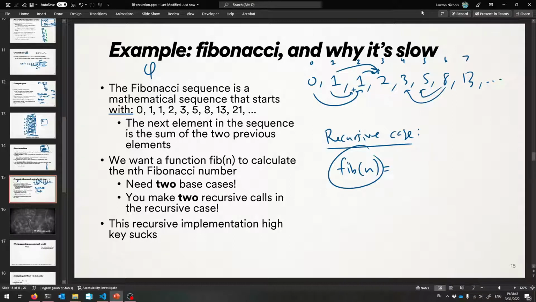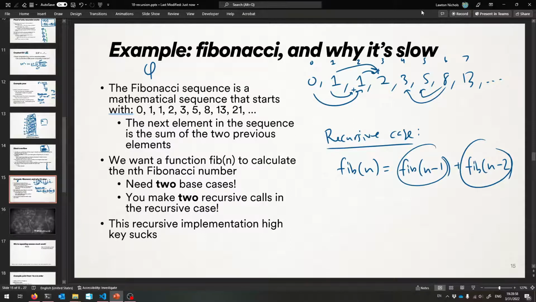So what's the nth element of the sequence? Well, it's whatever the n minus 1th element is, plus whatever the n minus 2th element is. Isn't that interesting? So you've got to call yourself twice, and these are smaller answers. Those are smaller inputs, and so it will make progress towards the base case.